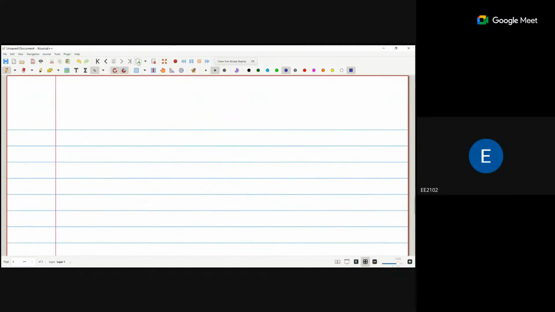Now I think you are aware of the Bode plot also. Do you have an idea about the Bode plot? Yes, I think EC covered the Bode plot part now.